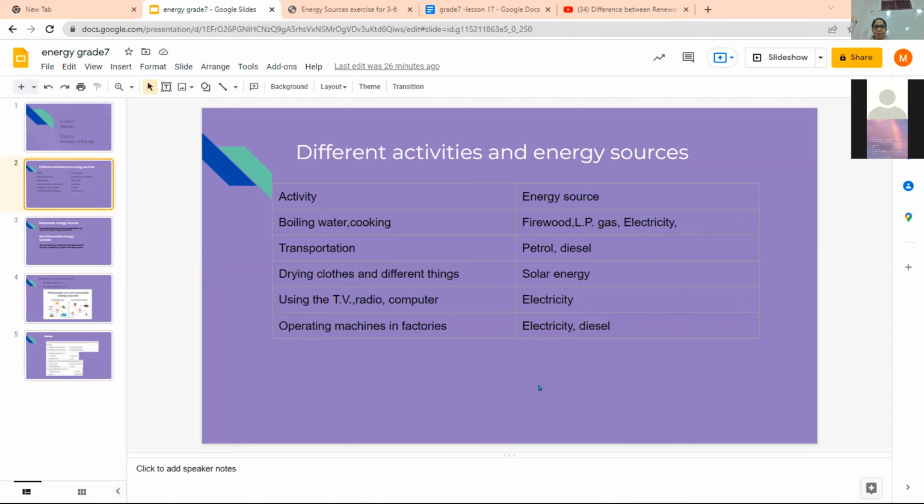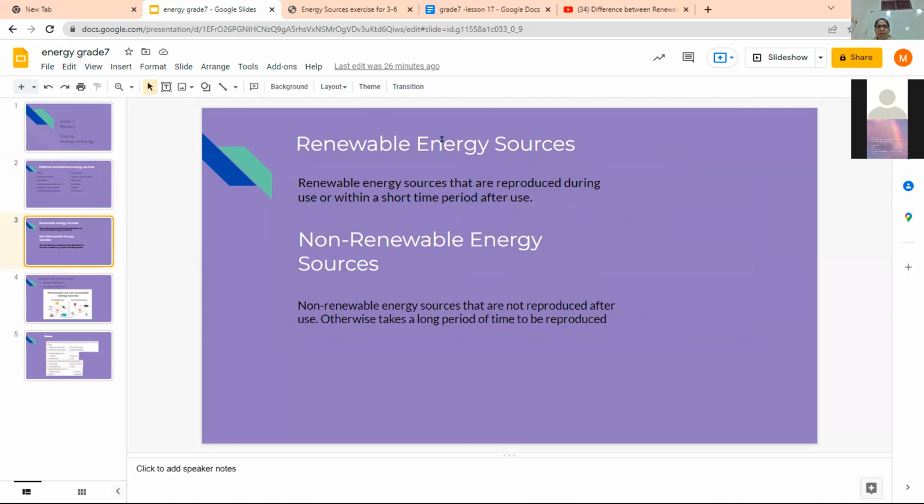For the last one we can take solar energy also, no? Yes, we can use solar energy also. Very good. So these energy sources we can divide into two groups, renewable and non-renewable sources, right?